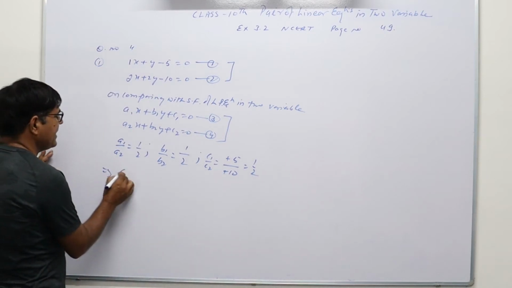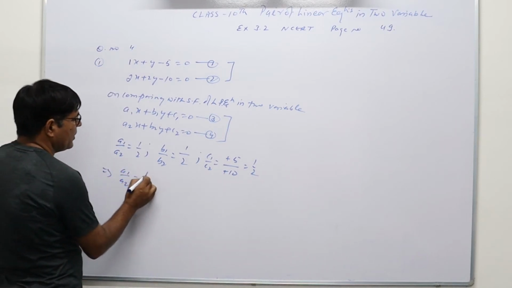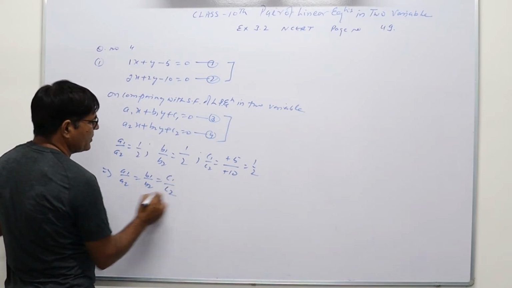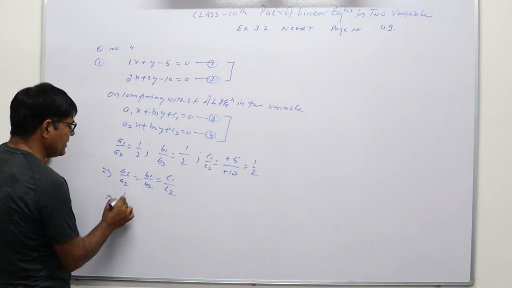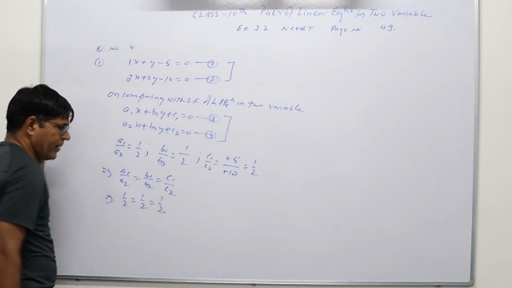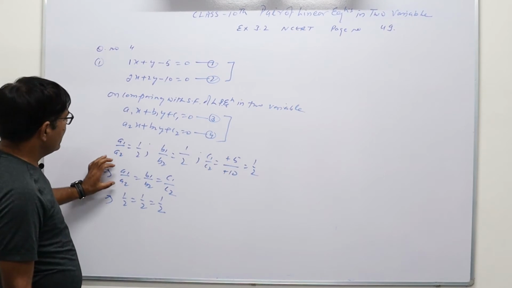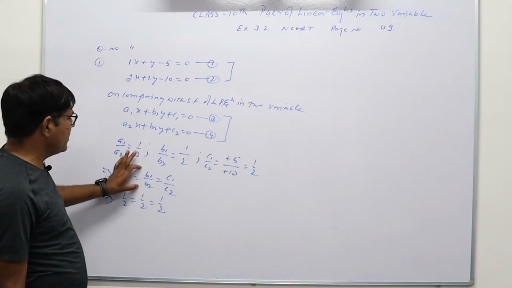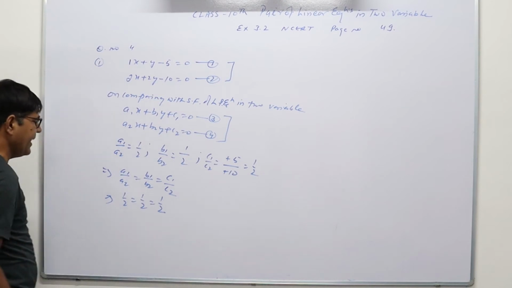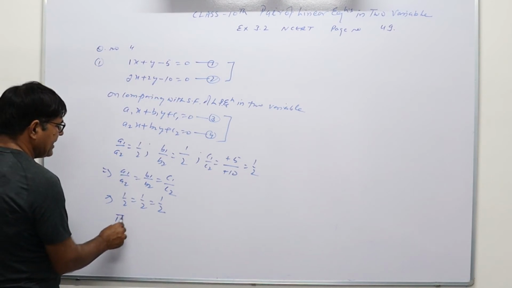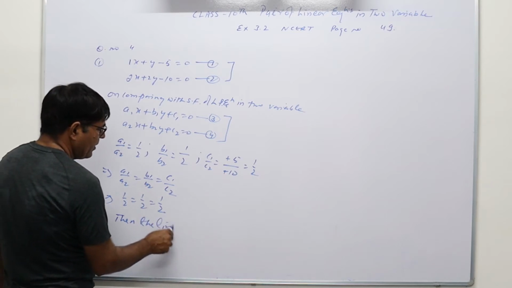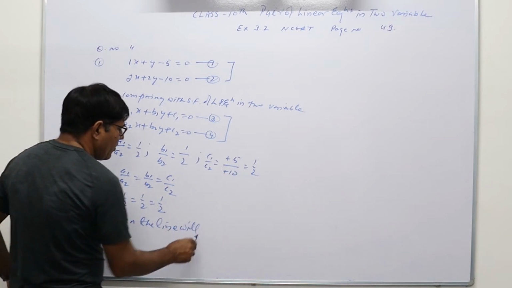So a1 upon a2 is equal to b1 upon b2 is equal to c1 upon c2, that is 1 upon 2 equals 1 upon 2 equals 1 upon 2. So the lines will coincide.